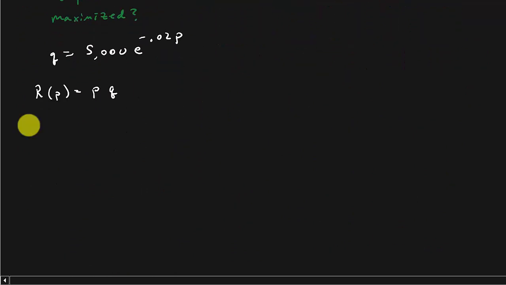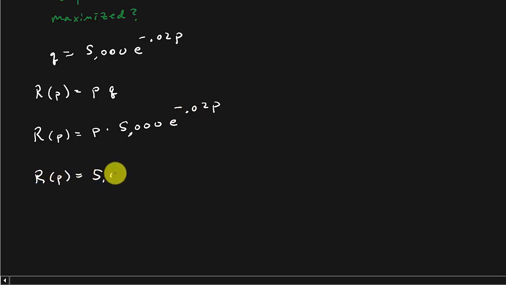And so we get R of P is equal to P times 5,000 e to the negative 0.02 p. So R of P is equal to 5,000 P e to the negative 0.02 p.